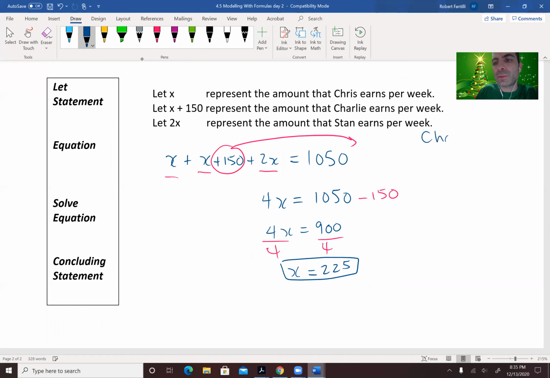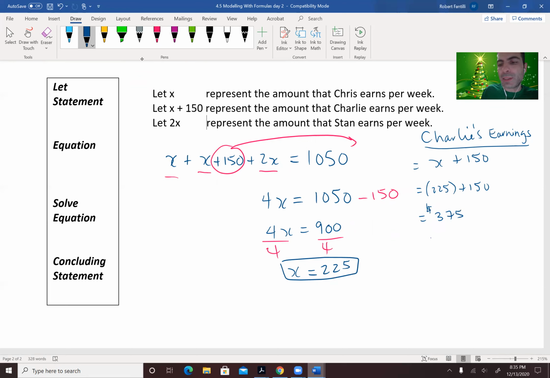Charlie's earnings, he gets X plus 150. So he is 225 plus 150 equal $375 for him.